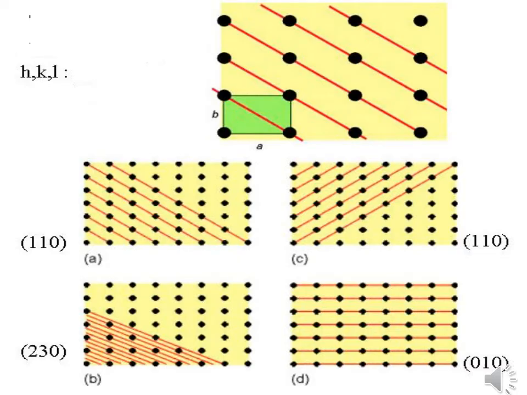Let us see the picture. Miller indices introduction. We know that a crystal is a solid material made up of a large number of parallel equidistant planes passing through the lattice points, called lattice planes. The different ways in which the lattice planes can be shown are in the figure.